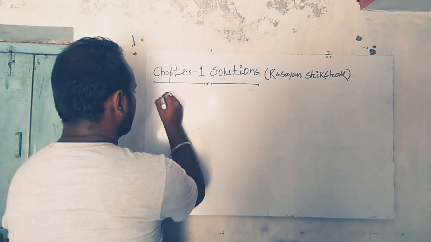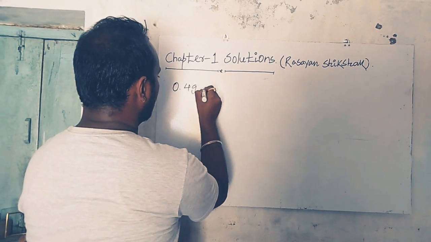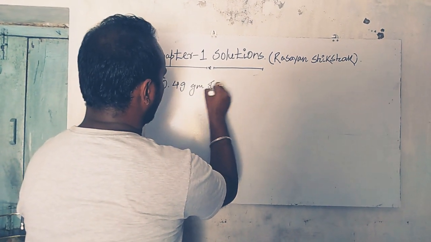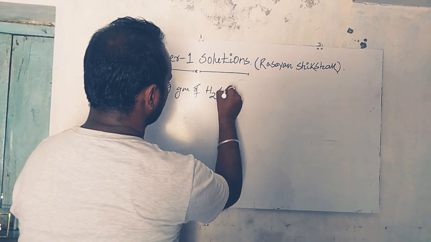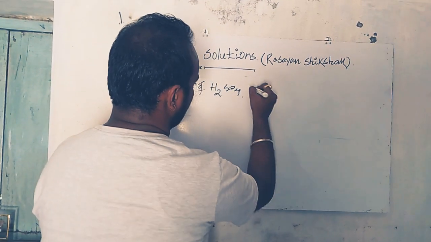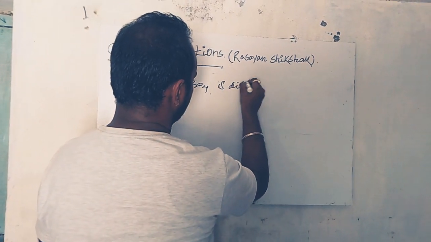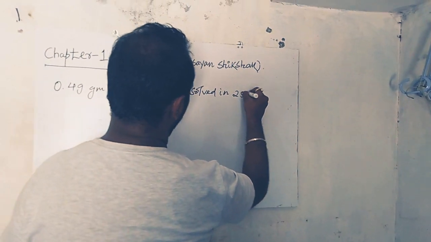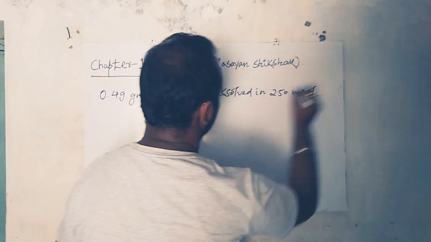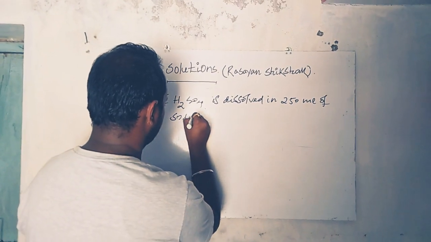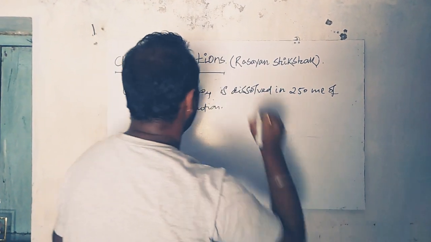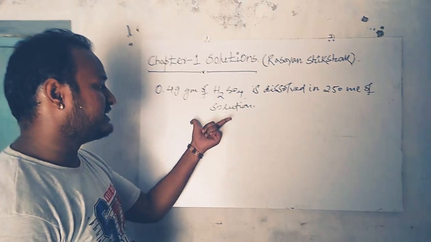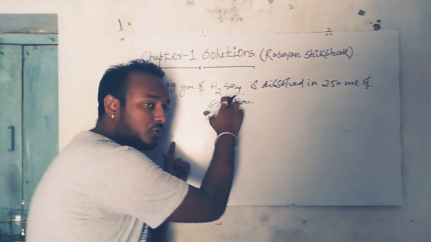I suppose that 0.49 gram of H2SO4 is dissolved in 250 ml of solution. What I said, you have to take equivalent mass.